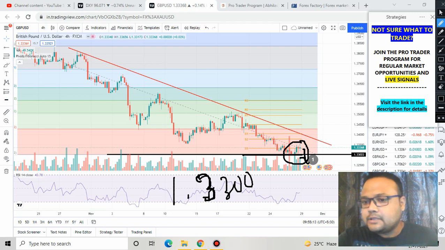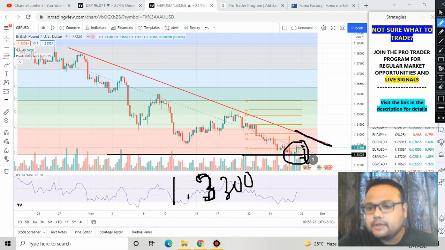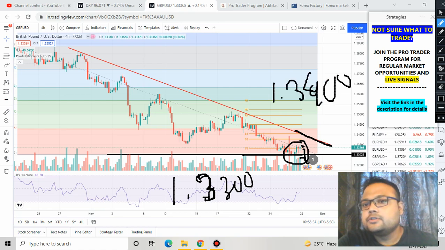And if GBP USD goes up in this small pace, then there is a good possibility of GBP USD facing resistance at this trend line, or at the level of 1.3434.